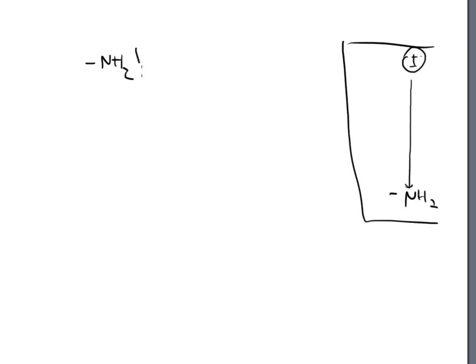So in order for an NH2 group, remember, these are reactions of amines. So that means an NH2 group is already on a carbon. It's already on a molecule. So the question here is, if we're going to talk about the reactions of amine groups, what else is out there?